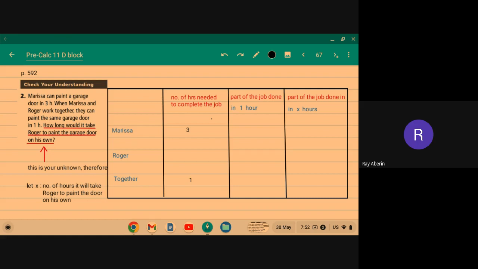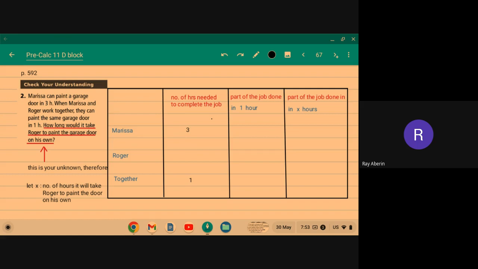The first column would be those people that would be working. Or in terms of machines that are working, machine 1 here, machine 2 here, both machines working together, something like that. The second column would be the number of hours needed, or the time needed, to complete the job.